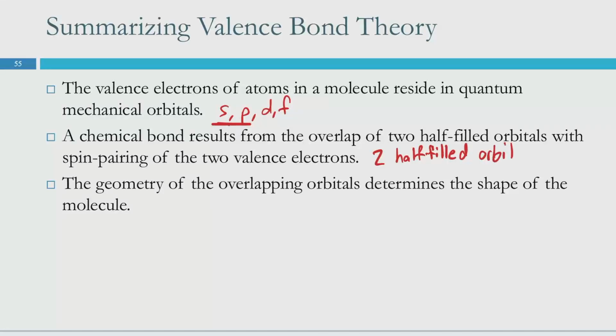So two half-filled orbitals pair. The geometry of the overlapping orbitals determines the shape, and we'll be looking at this next.